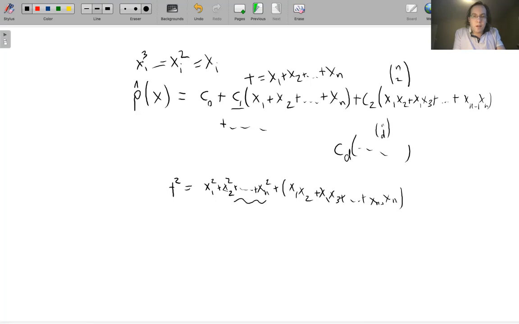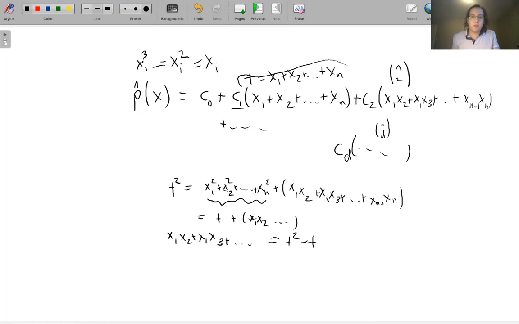But the squares simplify because we know these are either 0 or 1. So this simplifies to t plus the sum of the pairwise products. So the sum of pairwise products is equal to t squared minus t, where t was the sum of the variables.